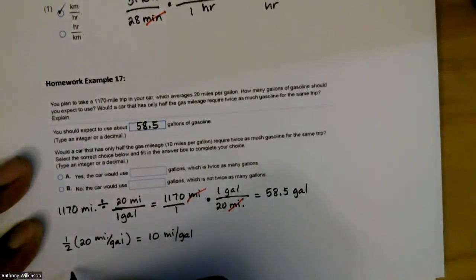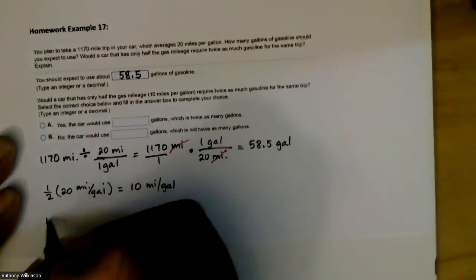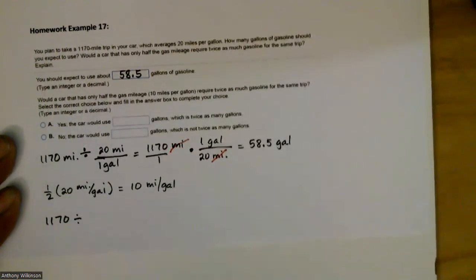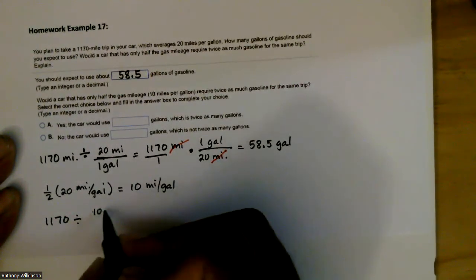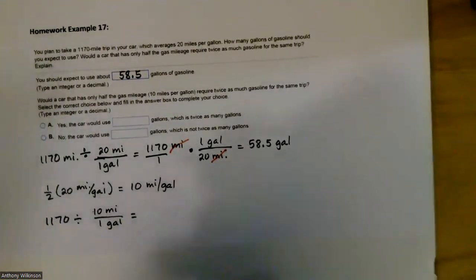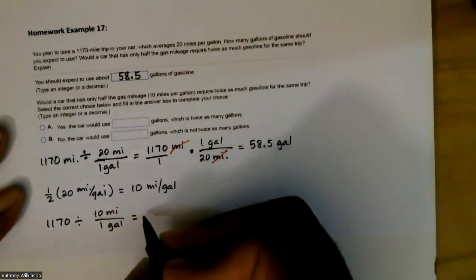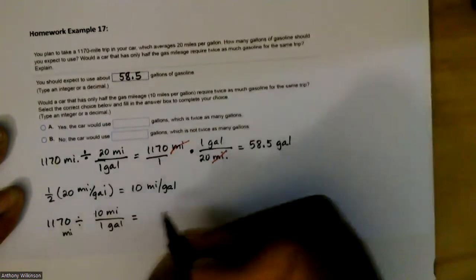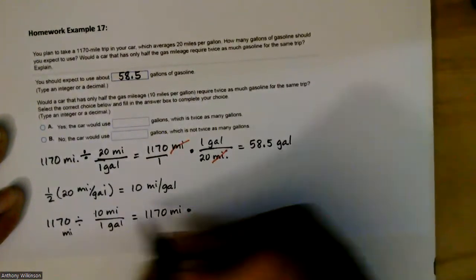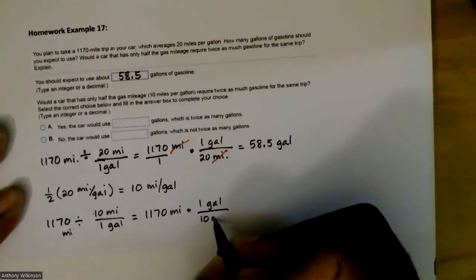Okay, so we're going to take that 1,170 and divide it by 10 miles per 1 gallon. And of course, when we divide fractions, we always multiply by the reciprocal. So it would be 1,170 miles times the reciprocal, 1 gallon in the numerator, 10 miles in the denominator.